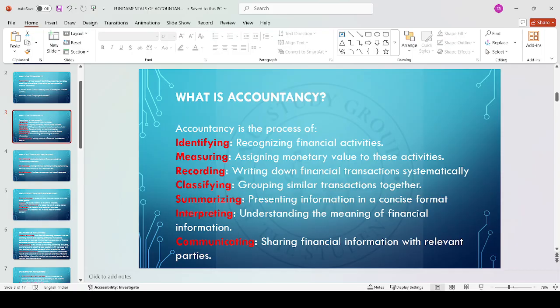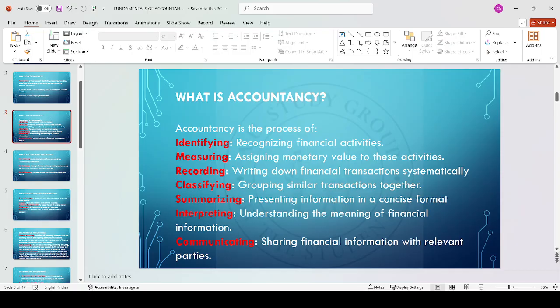Second thing is measuring. Now this involves putting a specific monetary term on those activities. For example, if a company sells a product for say 1000 rupees, the value of that transaction is 1000 rupees. This is the second part of the process involved in accountancy.